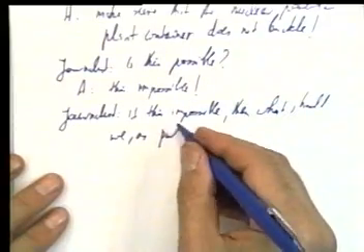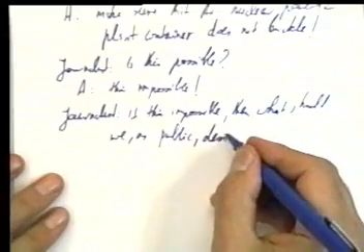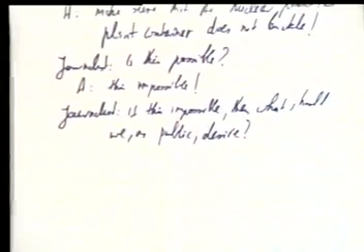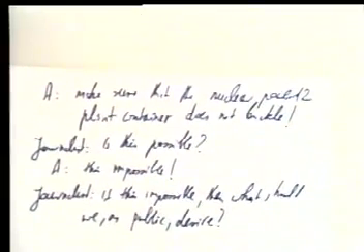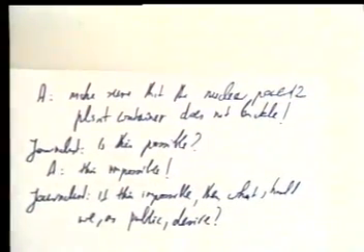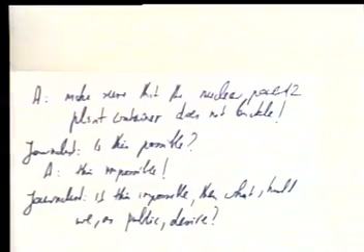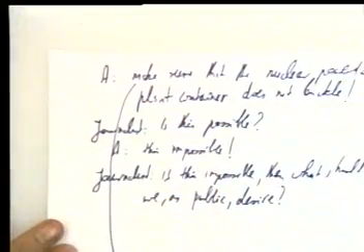Assume, as public desire, because look, she said, make sure that the nuclear power plant container does not buckle. That is a very maximalistic requirement. This maximalistic requirement cannot be met. Okay? That is too maximalistic.